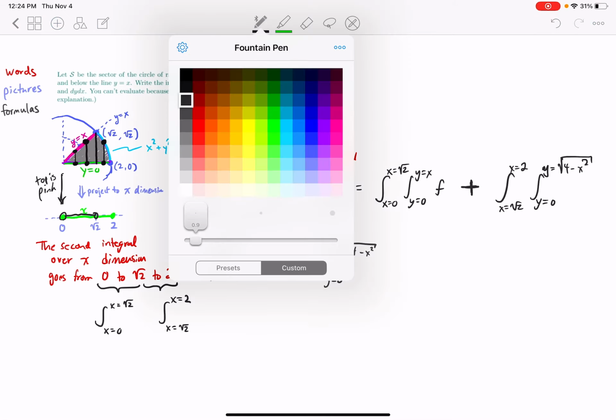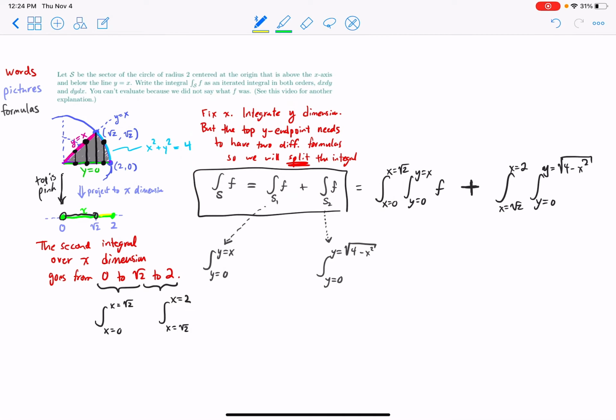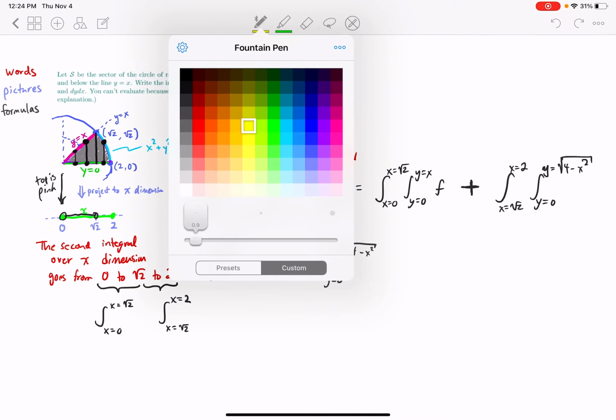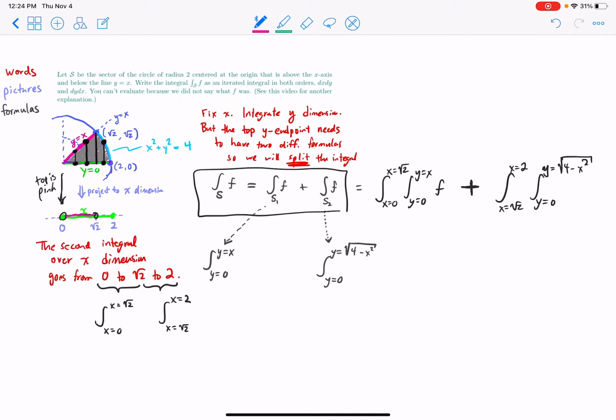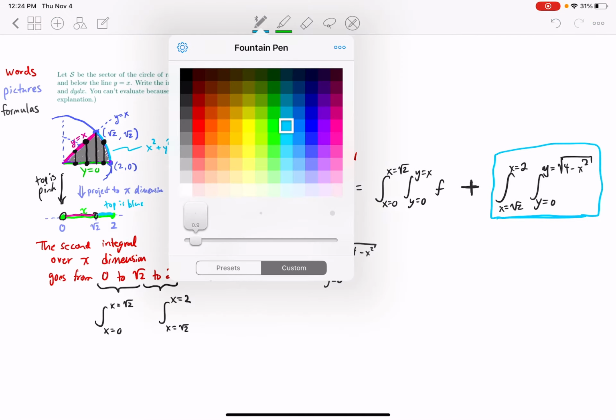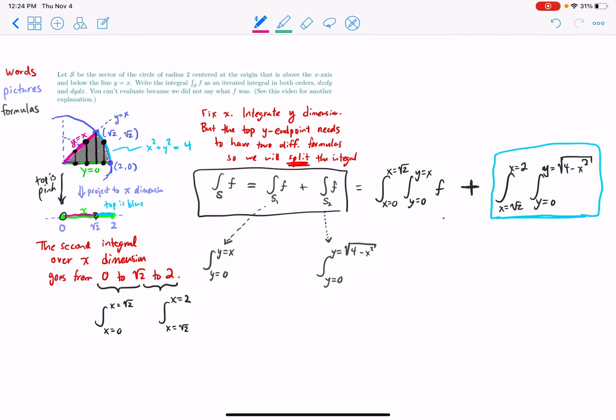And then over here, this one had a blue top. So this top is blue. And those are my two pieces. There's the blue piece right here, and here is the pink piece right here.